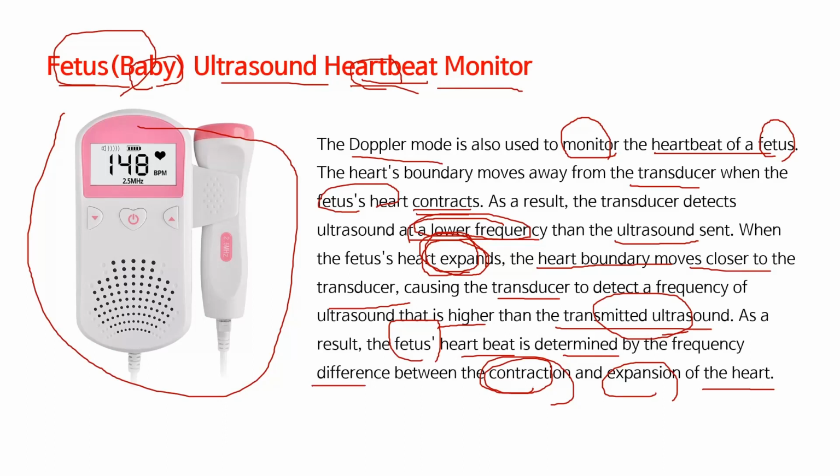On the other hand, if the heart is expanding, that means the heart boundary is approaching the transducer, so we can measure a higher frequency of the sound due to the Doppler effect. So the difference between the two frequencies gives the heartbeat of the fetus. So in this way, using the Doppler mode of operation, we can measure the heartbeat of the fetus.